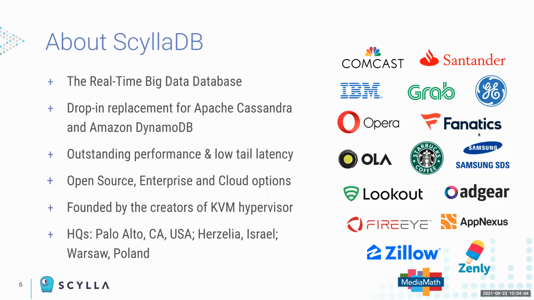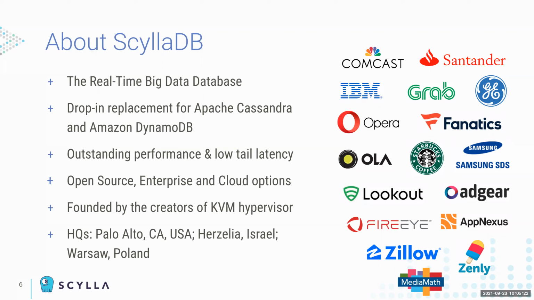So a few words about ScyllaDB. I saw that many of you use Apache Cassandra, so you might not be so familiar with our company. Here at ScyllaDB, we develop a real-time big data database, Scylla. It's, of course, a drop-in replacement for Apache Cassandra. And we also have introduced compatibility with Amazon DynamoDB API as our project Alternator. We offer outstanding performance and low tail latencies, as you will see later in this webinar.